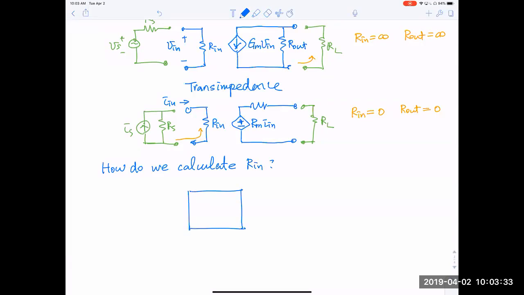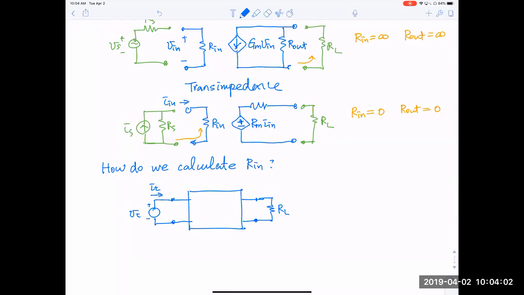And you attach a test source here, VT, which generates IT. You can attach a test current source, or you can attach a test voltage source. It doesn't matter. And importantly, the effect of the load has to be included here.